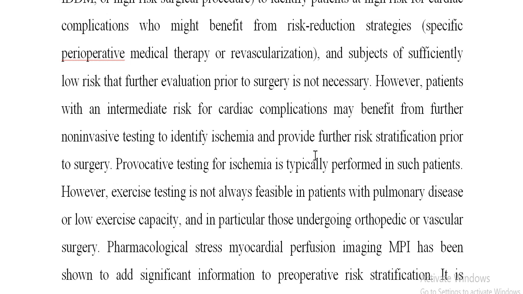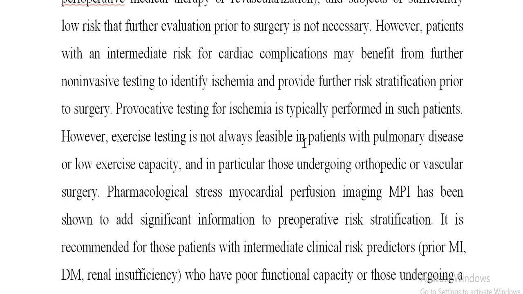Provocative testing for ischemia is typically performed in such patients. However, exercise testing is not always feasible in patients with pulmonary disease or low exercise capacity, and in particular those undergoing orthopedic or vascular surgery. Pharmacological stress myocardial perfusion imaging, MPI, has been shown to add significant information to preoperative risk stratification.